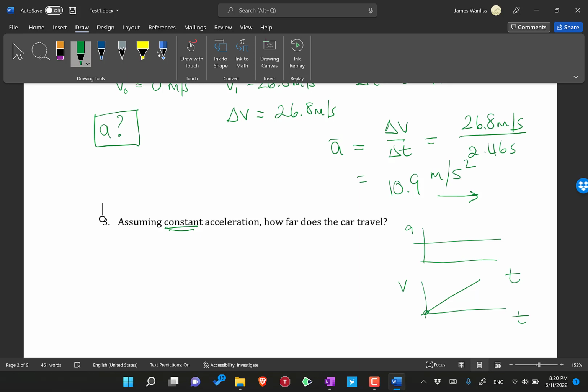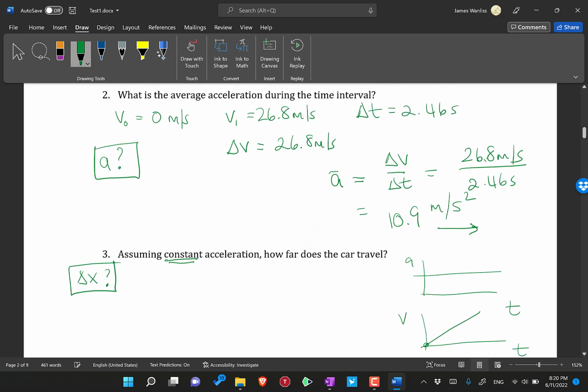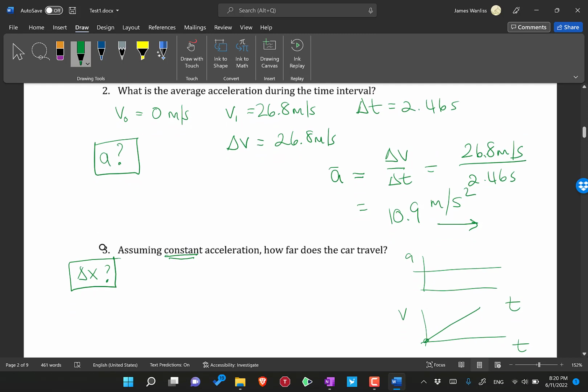So we're trying to find out a displacement. We're trying to find out a delta x. That's what we're trying to do. So these are all the things we have. We've got initial, final velocity, change in time. We also worked out the average acceleration. So we've got the initial v, we've got v final, we've got delta t, we've got acceleration.